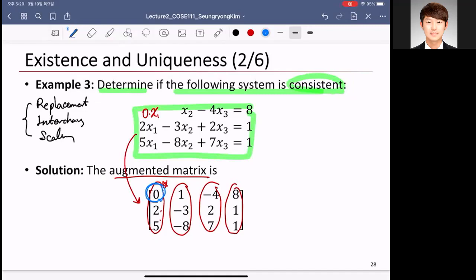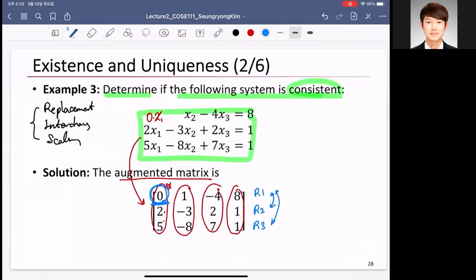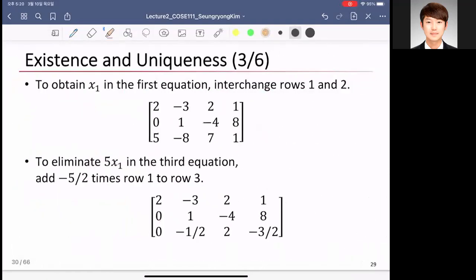So first of all, how can I do that? If we say there are R1, R2 and R3, by just interchanging R1 and R2 or R1 and R3, we can achieve this term being nonzero, right? Okay, let's do that first. To obtain x1 in the first equation, interchange row 1 and row 2 first.